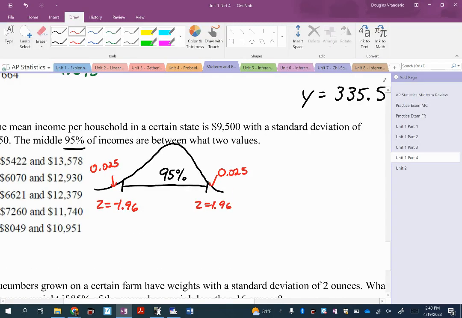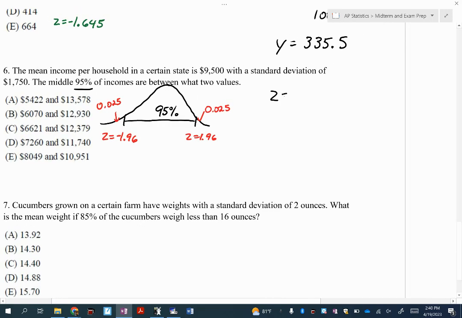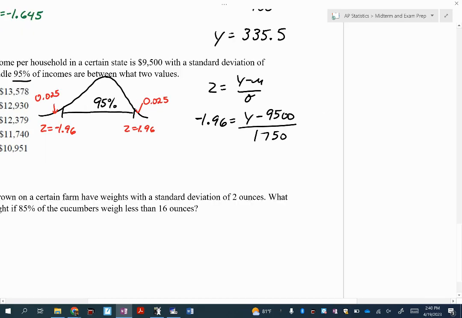So I do need to do 2 different formulas here, because I need to find 2 numbers. So I have negative 1.96 equals, minus 9,500 over 1,750. And do the same thing but with a positive 1.96.